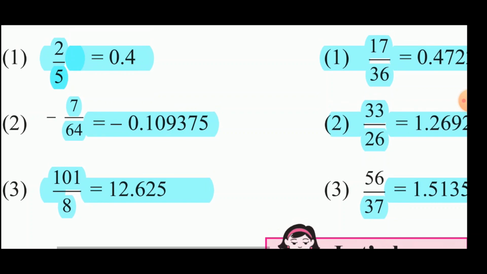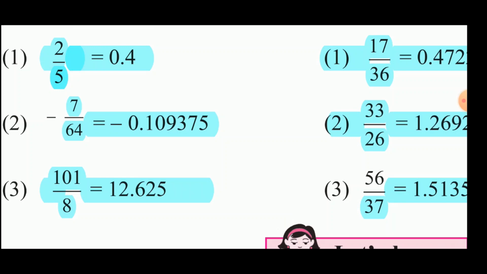So what do we observe in these three decimal forms? See here the denominators are what? 5, 64 and 8. So when you find the prime factors of these denominators, you will see that the prime factor of 5 is 5. Prime factors of 64 is what? 2 into 2 into 2 into 2, you multiply how many times? 6 times. So what is the prime factor there? Again 2. Then 8, it is what? 2 into 2 into 2.